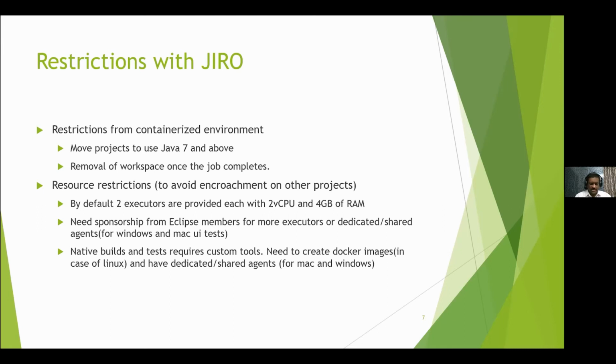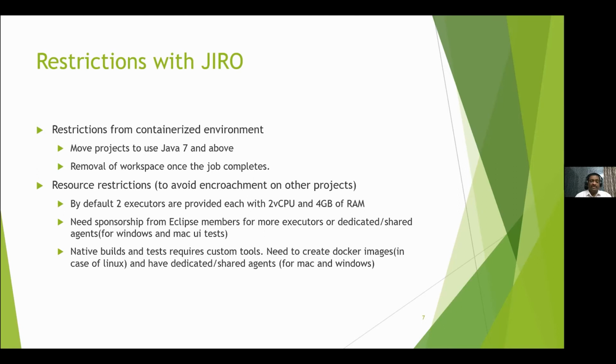So we need more executors. What the Foundation has done is they assigned something called resource packs to Eclipse corporate members, strategic and solution members, and there is a set of resource packs assigned to each of the corporate members, and they can sponsor a resource pack to a particular Jenkins instance, and each resource pack can provide 2 more executors.